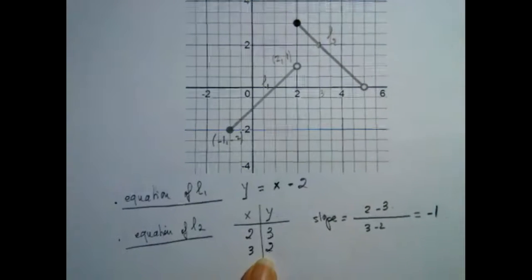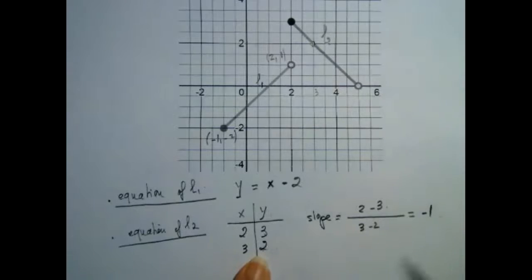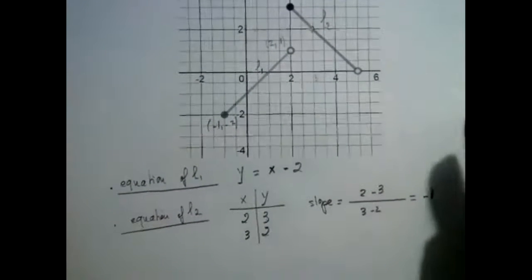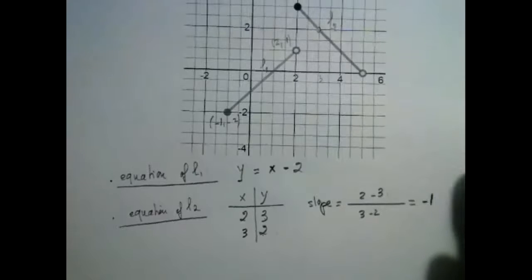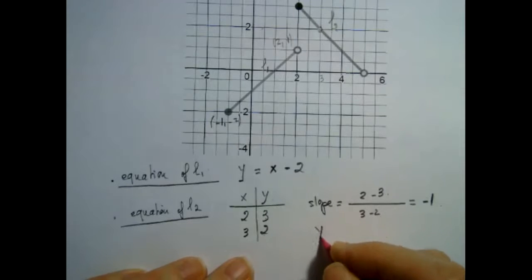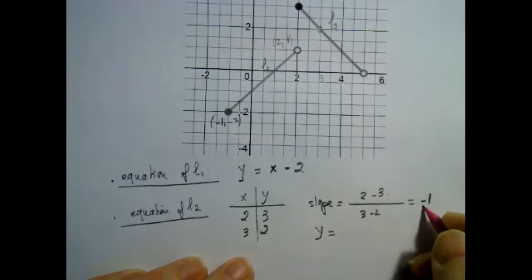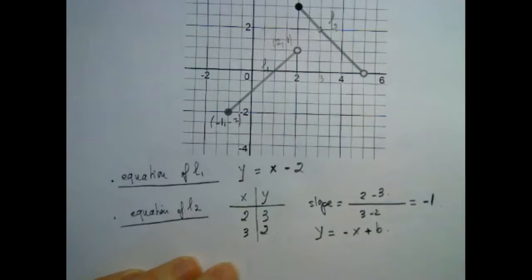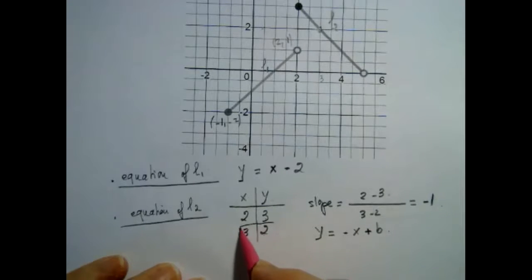That's the slope. Now to find the equation, you can either use y equals mx plus b, or you can use the point slope form. So this one, I'm going to use y equals mx plus b to make sure everybody knows this one clearly. And then the last problem, I will use the point slope. So y equals mx plus b, but my m is -1. And now I can use either point. I say, okay, this point is on the line.